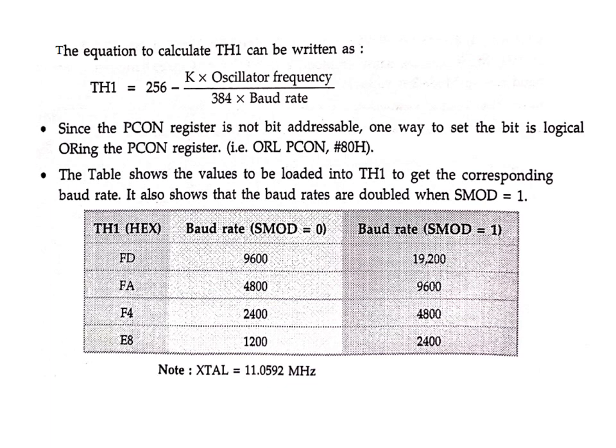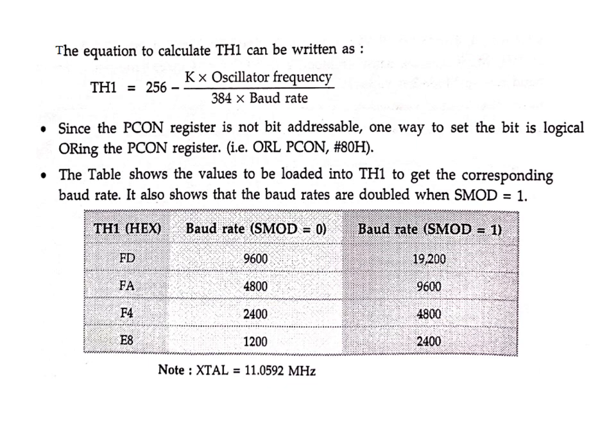But most of the time the user knows the baud rate and needs to know the reload value, or the value we need to load into the TH1 register. Therefore, the equation to calculate TH1 can be rewritten as TH1 is equal to 256 minus k into oscillator frequency divided by 384 into baud rate.